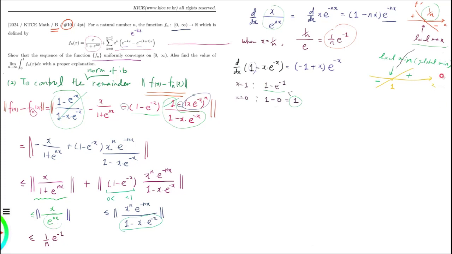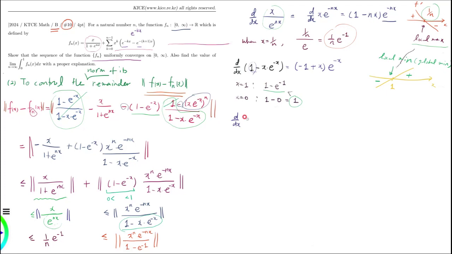So I can safely say that this denominator is smallest. Its smallest value is 1 minus e to the minus 1 power. So what's left is only the numerator part here. So for the numerator part, I will do the same thing.